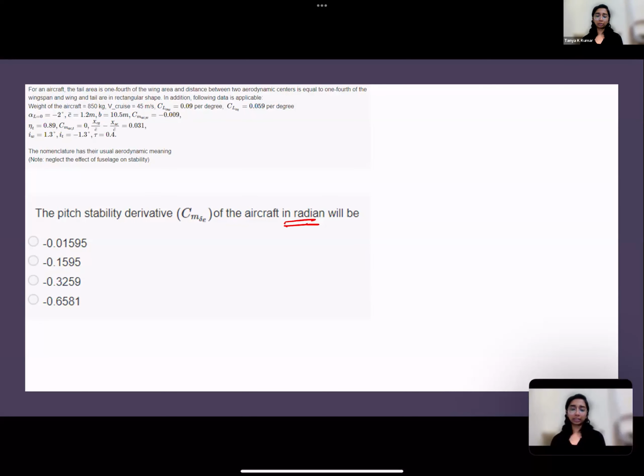Were you able to find the formula or recall the formula? Pitch stability derivative Cm delta E, direct formula. Perfect. That is the formula. So you can just plug in the values and tell me the answer. So you have minus eta is 0.89.